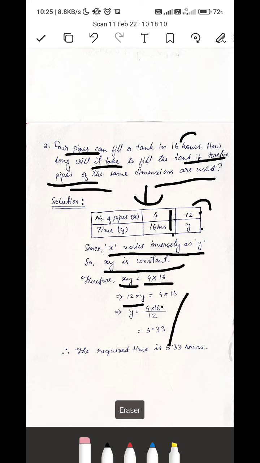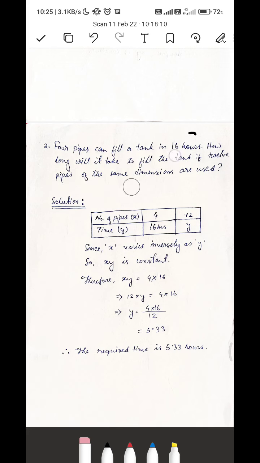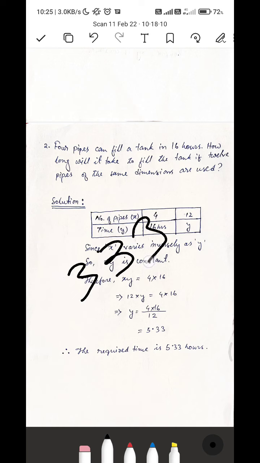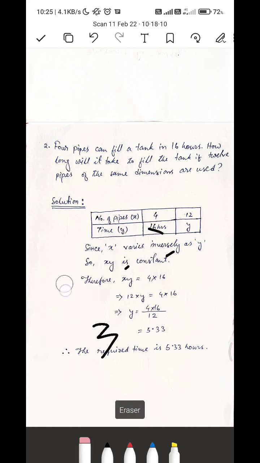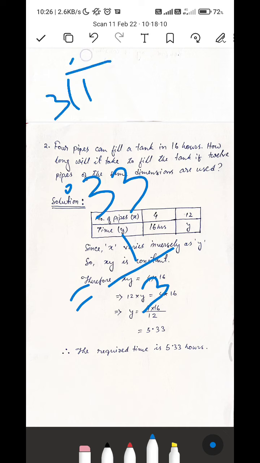Now one more thing, students, that most people should understand here: we can express 0.33 as 1 by 3. Why? Because, students, if you divide 1 by 3, this will give you 0.333.